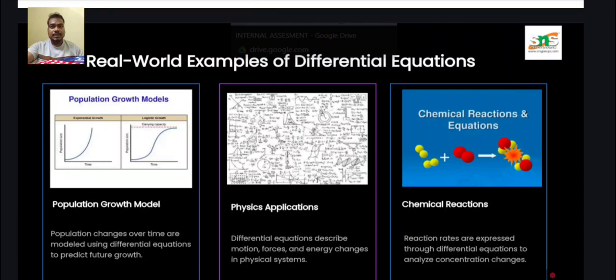Same thing with decay: radioactive substance, medicine leaving the body, the battery draining. So anytime something is increasing or decreasing based on its current amount, this math is behind it.